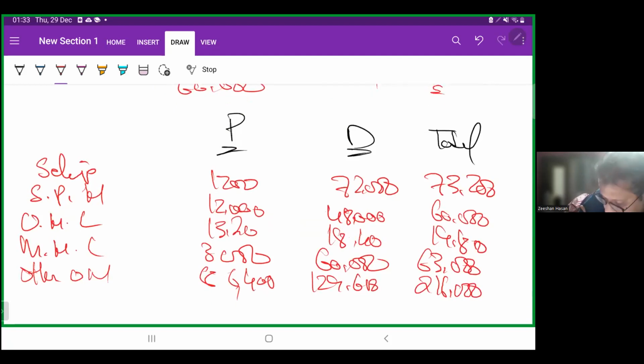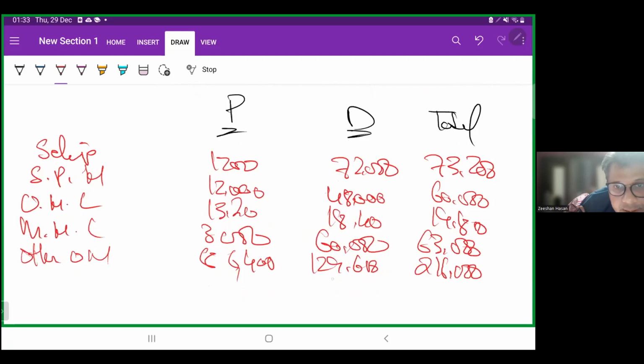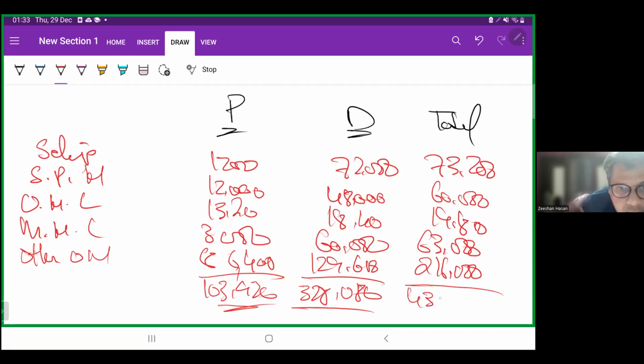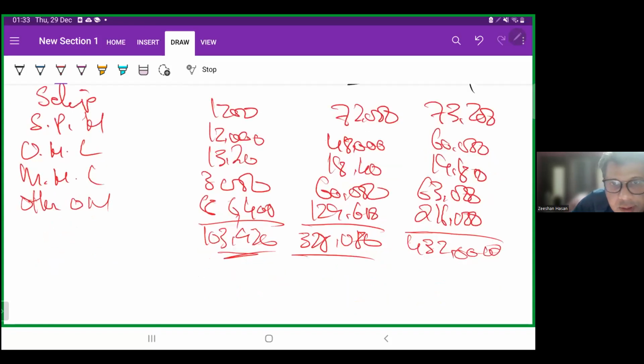We'll get 103,920 and 328,080. Total is 432,000. Okay. So far, so good.